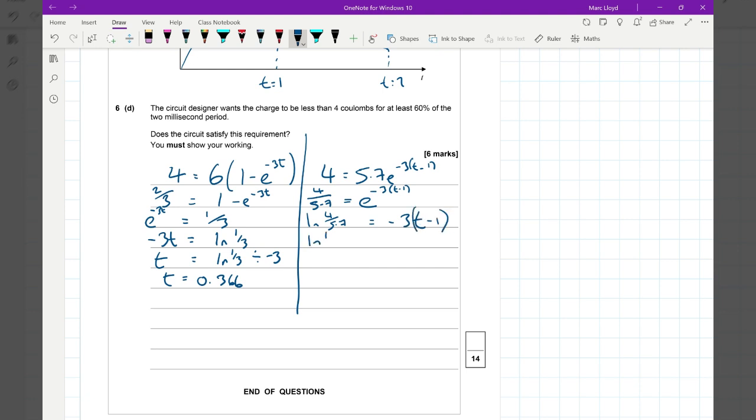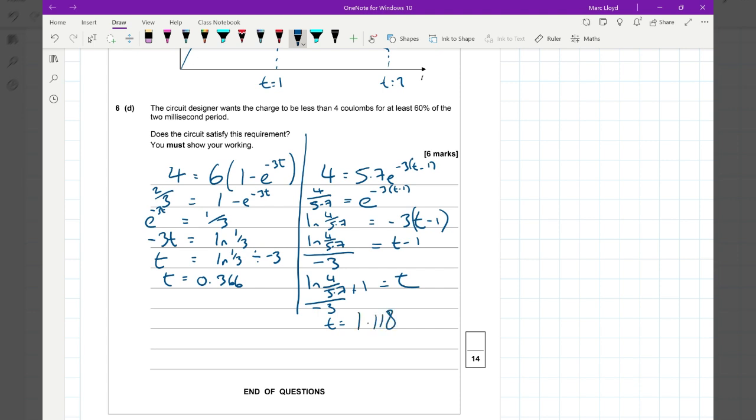Then we need to divide by minus 3, and add the 1 on, and that gives me t. Let's put that into the calculator. Okay, t will equal 1.118.